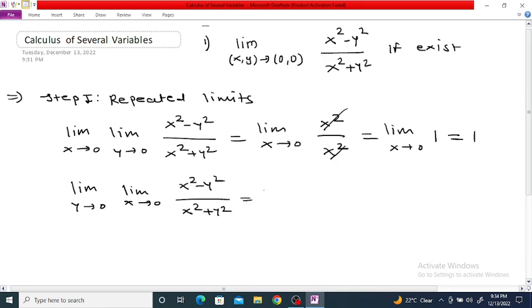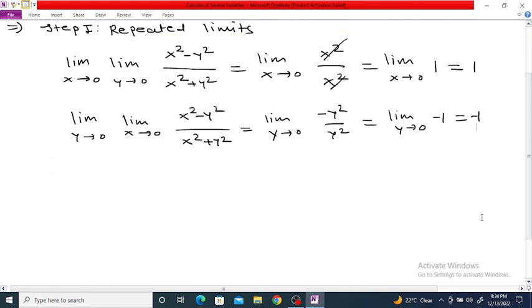If we take x tends to 0, it is minus y square divided by y square, so it is equal to limit y tends to 0 of minus 1, which is equal to minus 1.